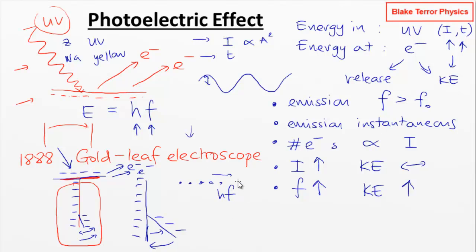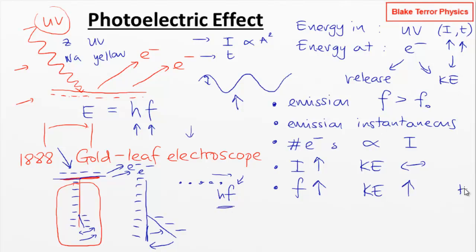So if you increase the frequency of the radiation, so this is the frequency of the radiation, not the frequency that the photons are arriving at. It's the frequency of the actual radiation, the frequency of the wave, because we're getting into wave particle duality here that we're seeing in quantum physics. So the frequency of this wave, if you increase that, then each one of these photons will have more energy.